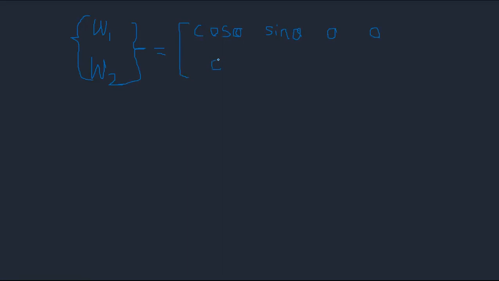For W2, there's 0 contribution from U1 and V1, but cos theta from U2 and sin theta from V2. So you have 4 displacements, U1, V1, U2, and V2, right?